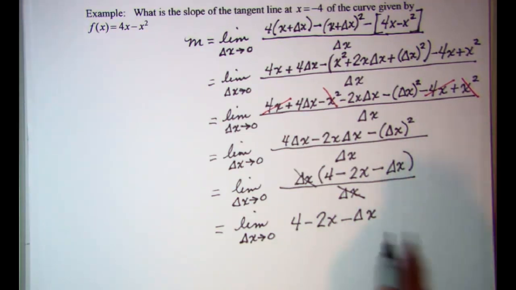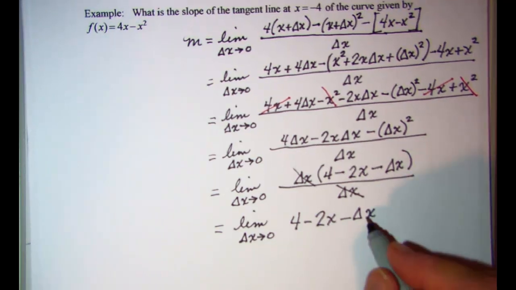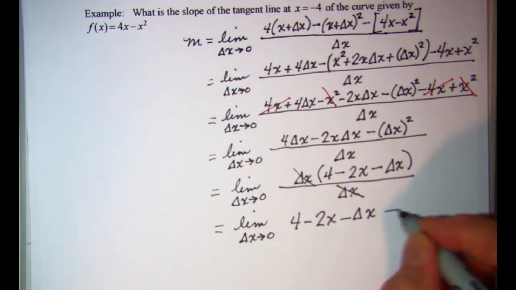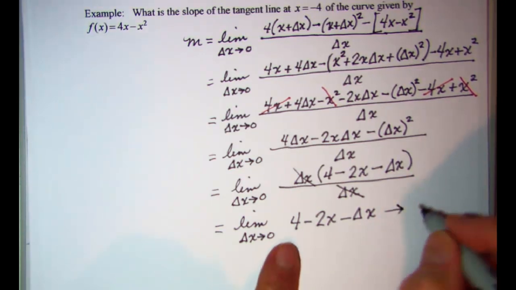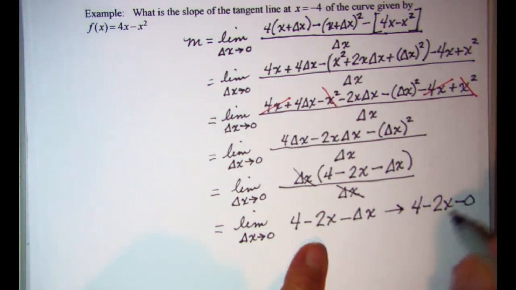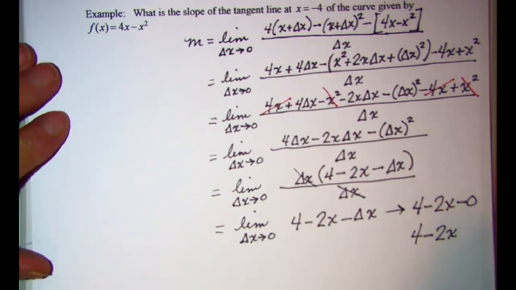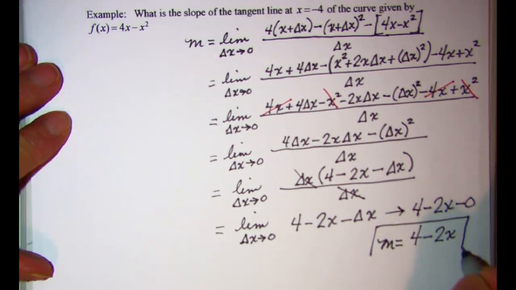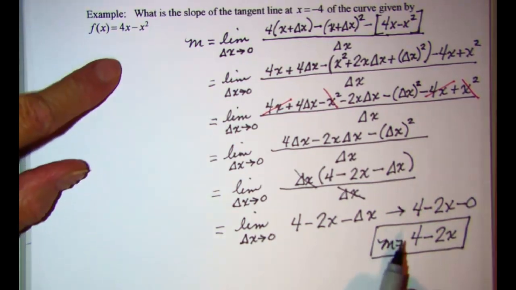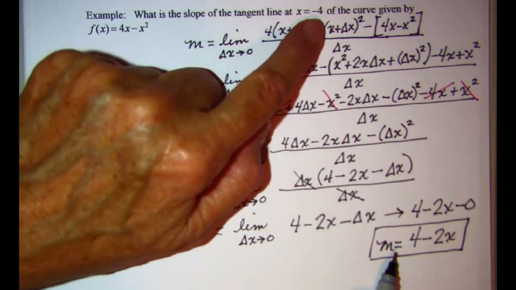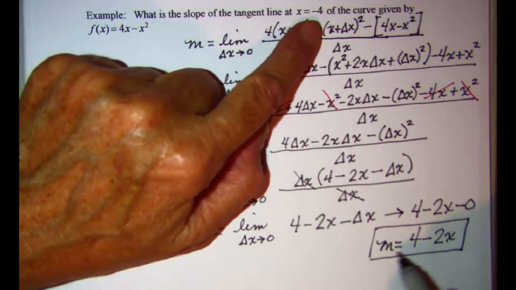Now there's not a problem with direct substitution. I can put a 0 in here in place of delta x. And this is equal to 4 minus 2x minus 0, which is 4 minus 2x. So our slope of our tangent line is going to be this equation.